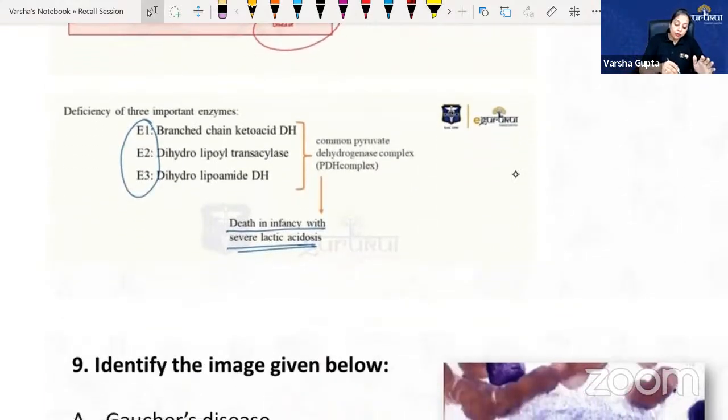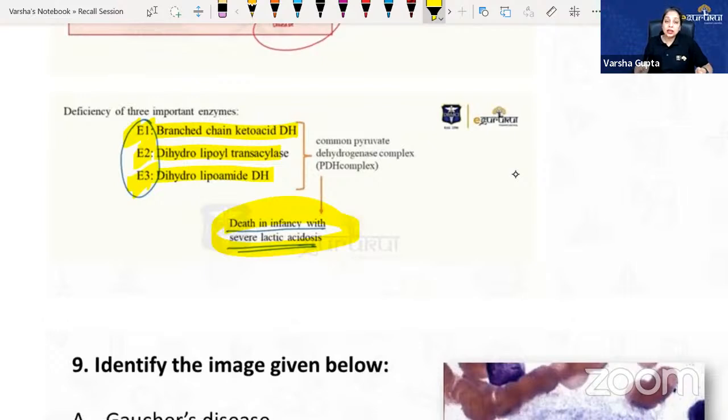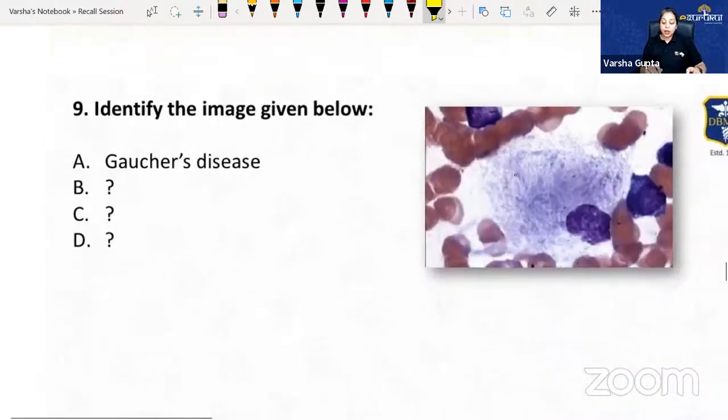And the names of the E1, E2, E3 enzymes we should know: branch chain keto acid dehydrogenase, which is the main name of the enzyme, then dihydrolipoyl transacylase and dihydrolipoamide dehydrogenase, right? If the patient with MSUD is not treated properly, they die in infancy with severe lactic acidosis, okay?